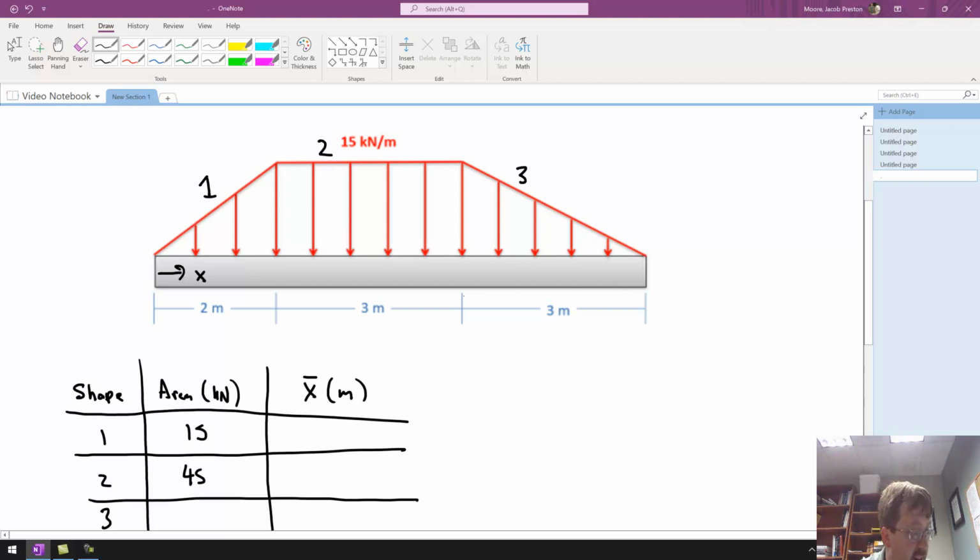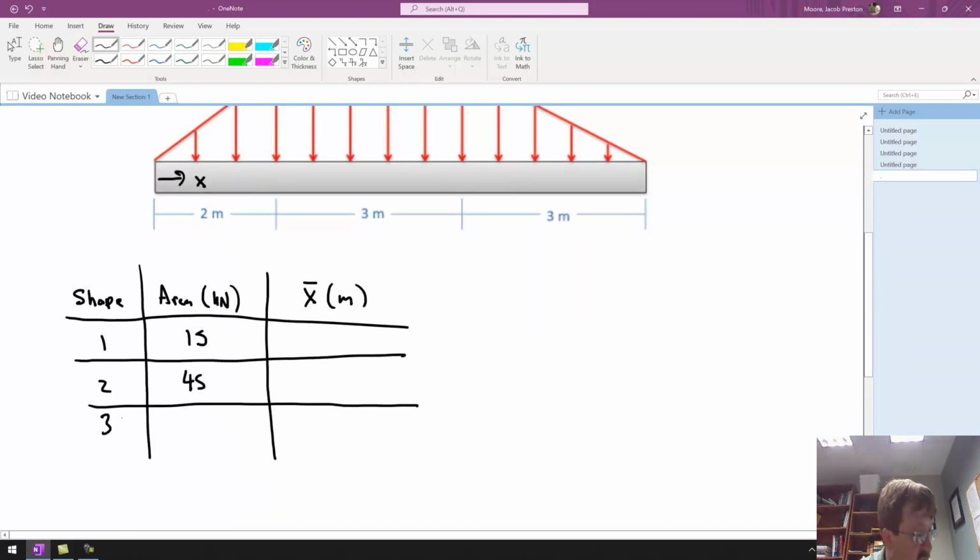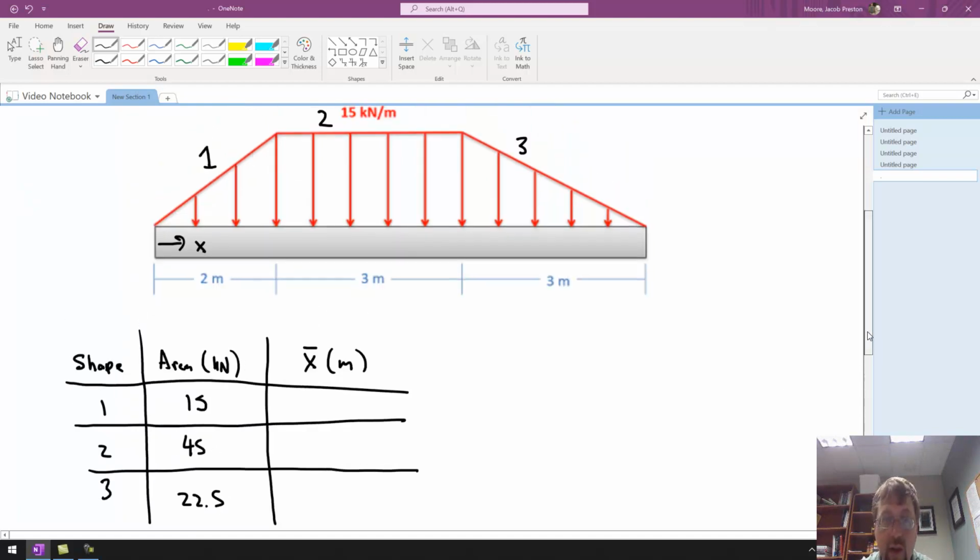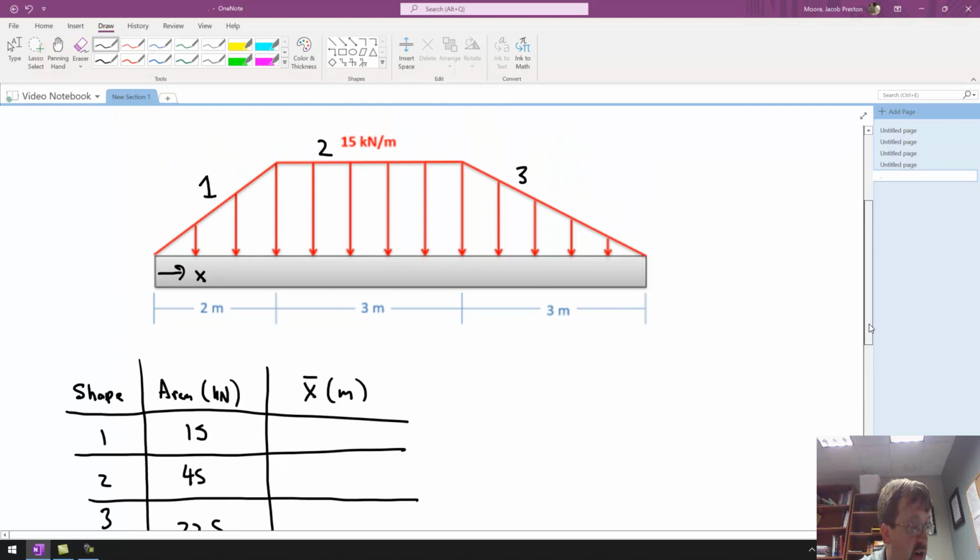The last section is 15 kilonewtons per meter high and 3 meters wide, so 1/2 times 15 times 3 gives an area of 22.5 kilonewtons. That's the three areas.